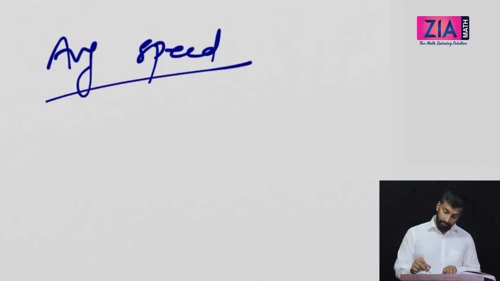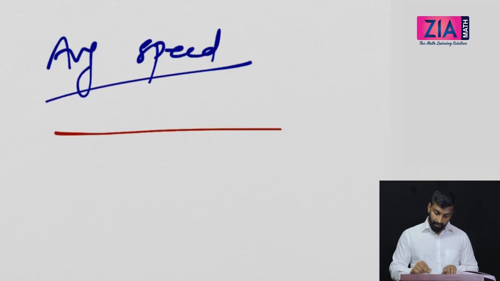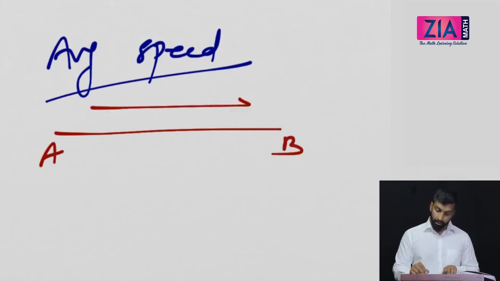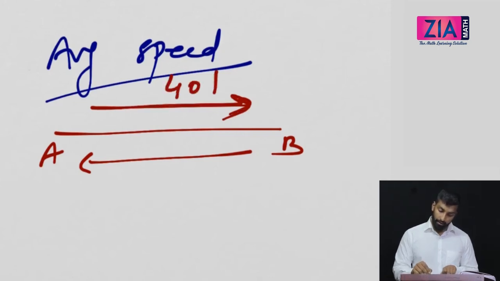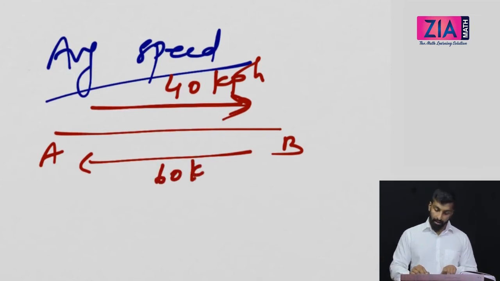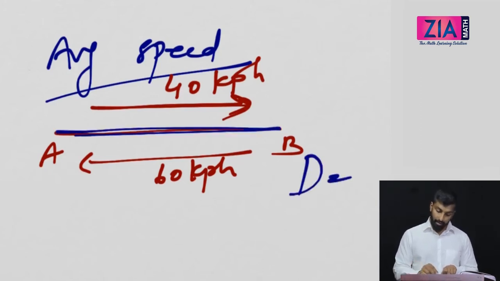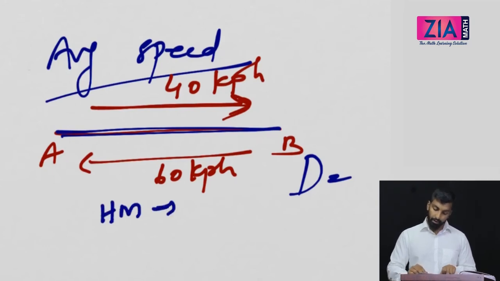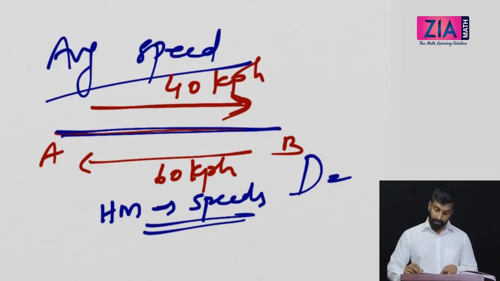If the question is something like this: you are traveling from A to B and coming back from B to A. On the first leg you are going at 40 km per hour and coming back at 60 km per hour. Here the distance is constant, the same distance going and coming. So in this case you need to find the harmonic mean of speeds. The harmonic mean of speeds is your average speed.